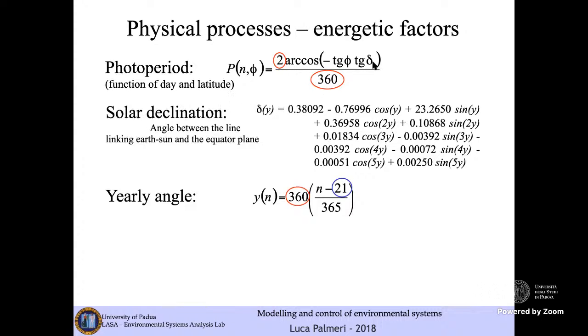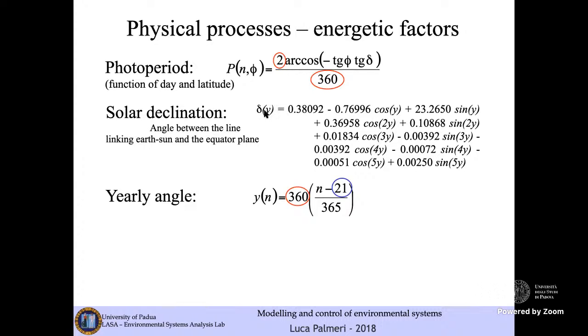Concerning the solar declination, what is the solar declination? Solar declination is the angle between the line linking Earth and Sun, and the equatorial plane. For the solar declination delta, we have this function of the yearly angle, epsilon.